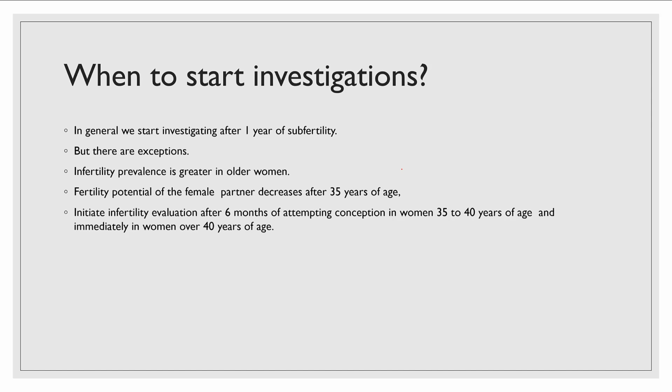Based on our definition of subfertility, we really need to wait for 1 year. But as always, there are no hard and fast rules in medicine. We might start investigations a bit early, especially if the female is older. We know that female fertility is the main determinant of a successful outcome of a pregnancy.